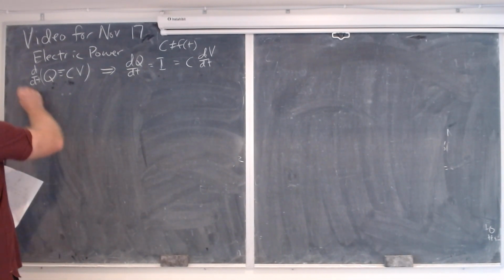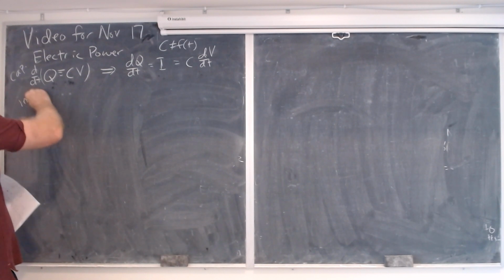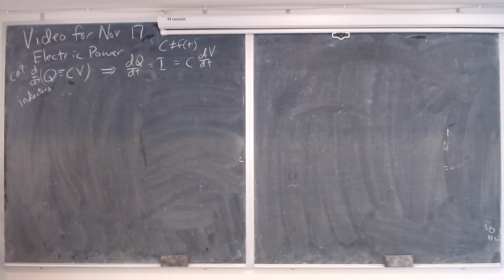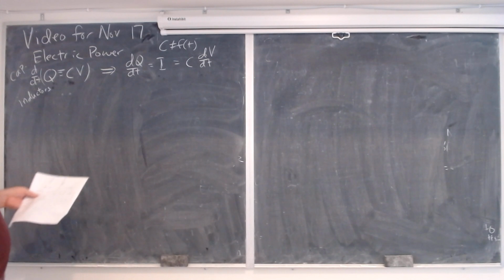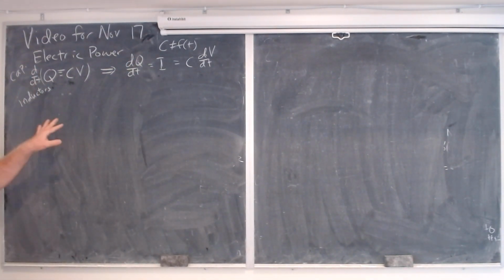Now, so this is capacitors. Now let's introduce inductors. And there are various ways to do inductors. Inductors are more complicated because you kind of have to fold in Ampere's law, and it gets complicated with magnetic fields and stuff like that. But the way I like to do it, at this level you can just say it is a circuit element.